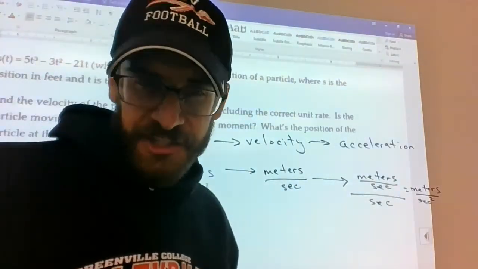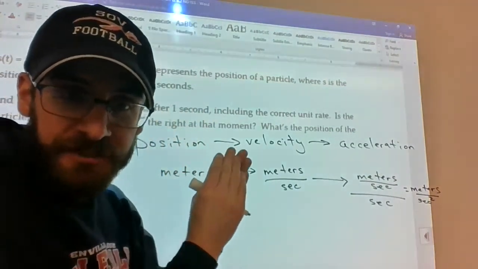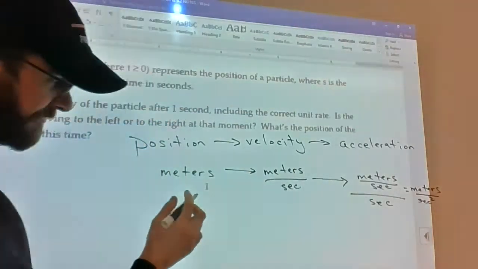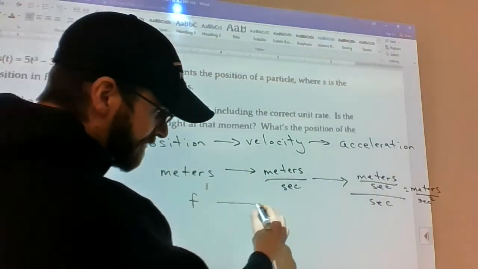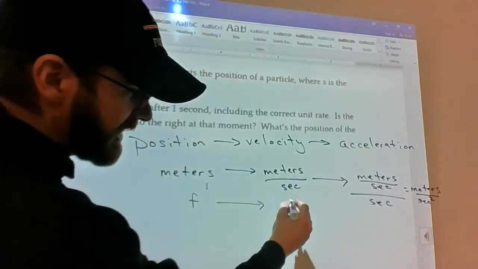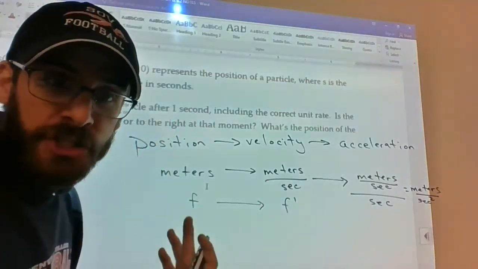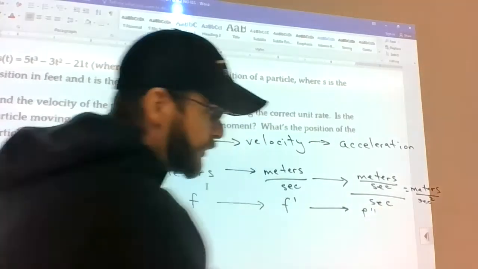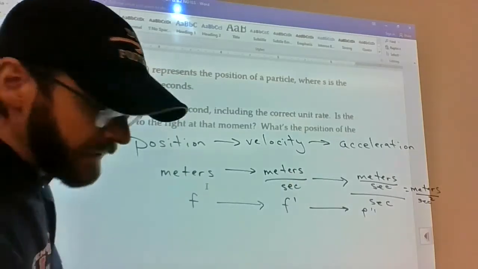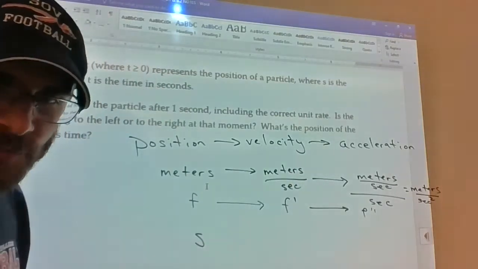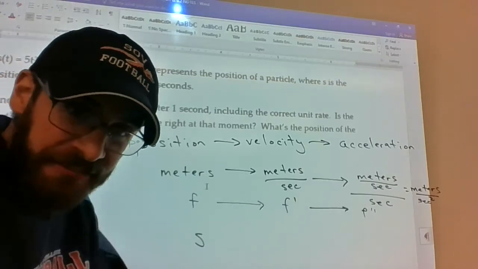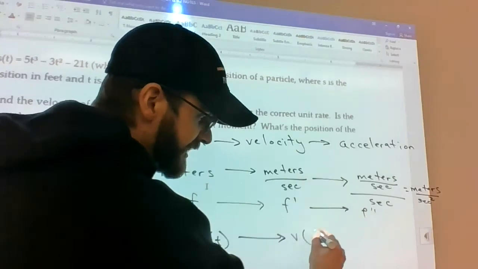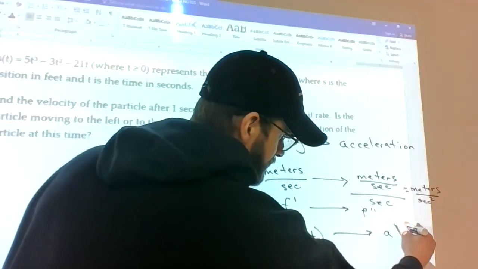Then we've got another rate of change here. These are rates of change of one another. If this is the function f, to get to velocity you take its rate of change, and to get to acceleration you take its rate of change. Position is often represented by s of t, velocity is v of t, and acceleration is a of t.